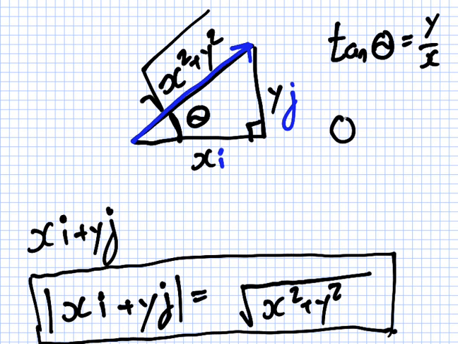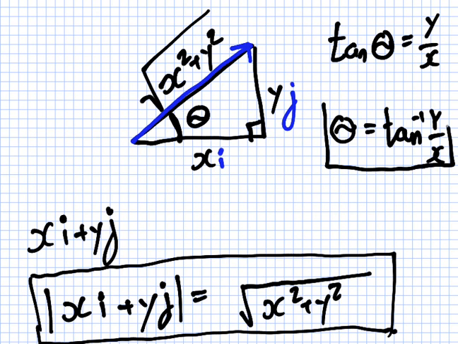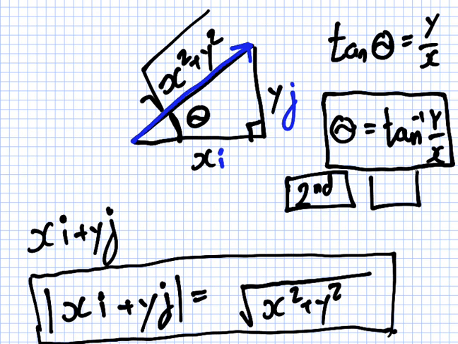So your calculator can tell you what the angle is. You type in tan inverse y over x. On your calculator you usually have to press the shift button or the second function button and then press tan to do this.